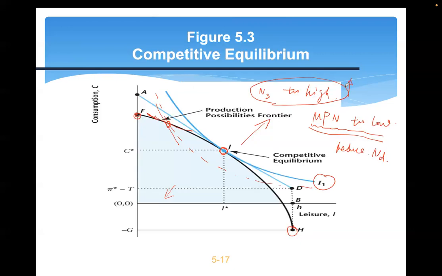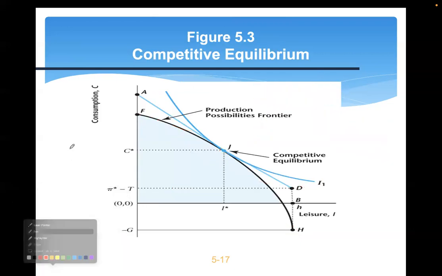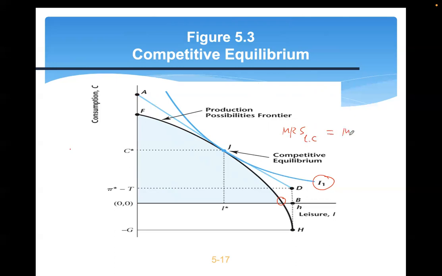Now, right, so we have talked about competitive equilibrium. Let me just summarize, kind of repeat. So this indifference curve is tangent with this production possibility frontier. And then here you have marginal rate of substitution between leisure and consumption equal to marginal productivity of labor. Actually, this gives you the wage.